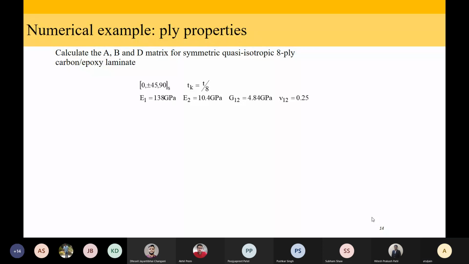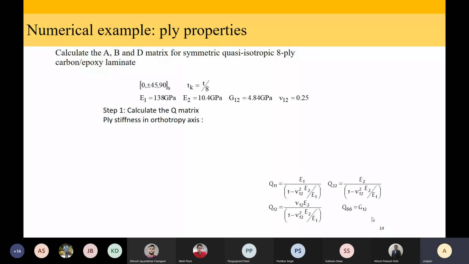The layup sequence is 0, plus minus 45, 90, symmetric. So there are 8 layers. The total thickness is T. The thickness of each layer is tk. E1, E2, G12 are given. You have to calculate the ABD matrix. How will you do it?